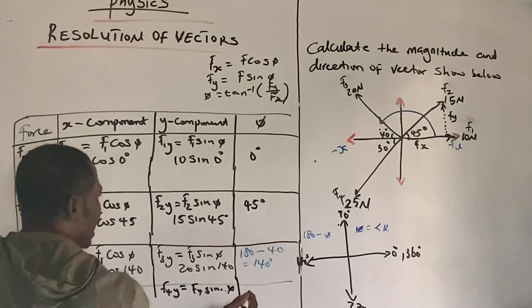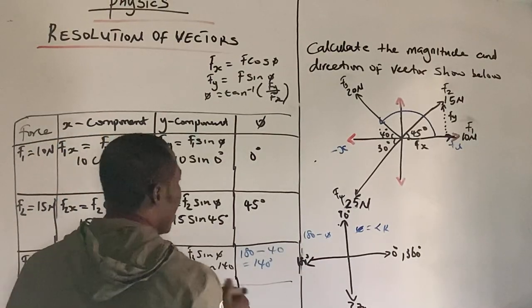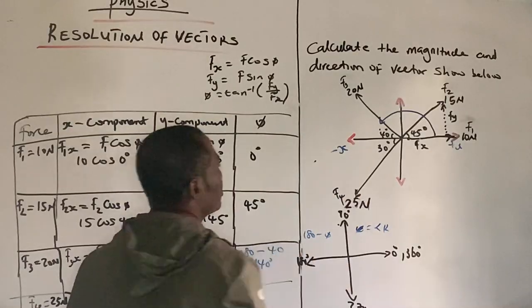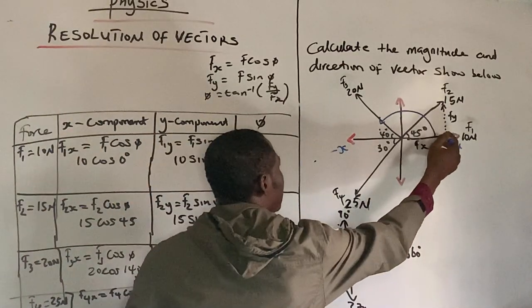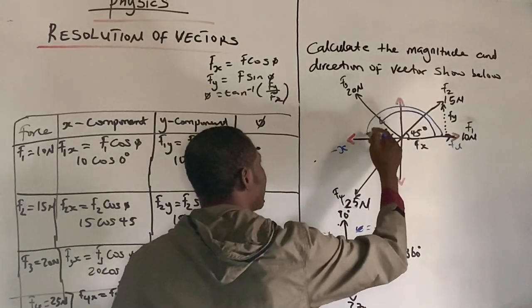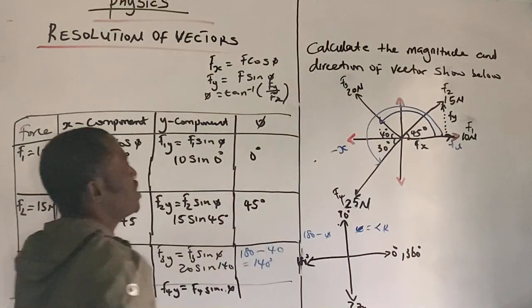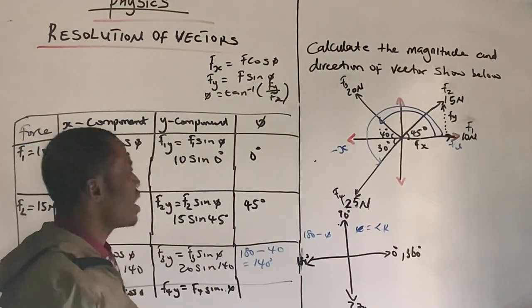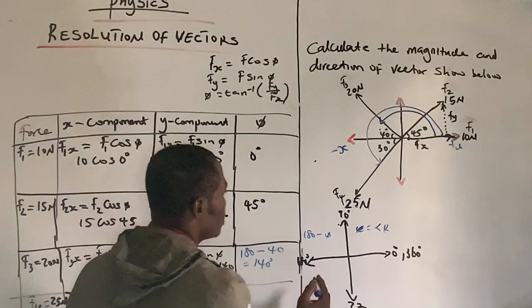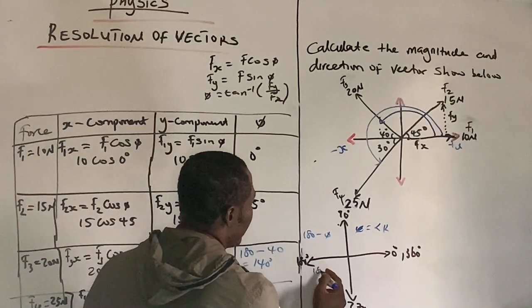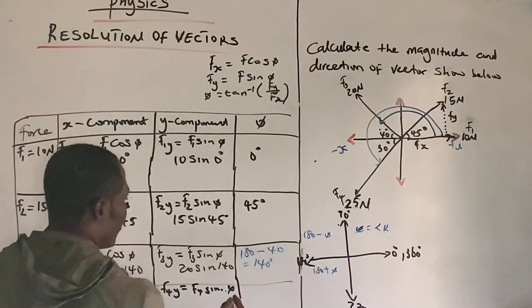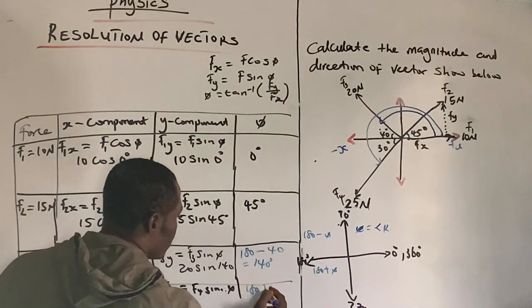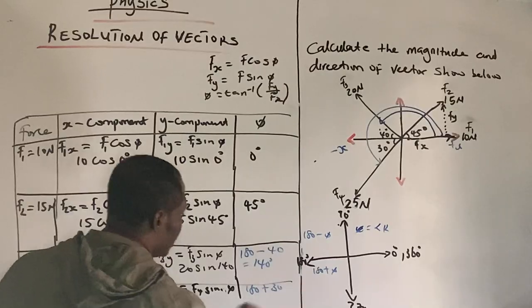Now, let's find the angle of inclination. For the angle of inclination, it's in the third quadrant. And I'm still looking for the angle that is relative to the positive x-axis. If I'm looking for the angle that is relative to the positive x-axis, what do you think I'm going to do? What I'm going to do is to say 180 plus theta. I'm going to get the angle here. Now, I'm going to be having 180 plus 30 degrees.